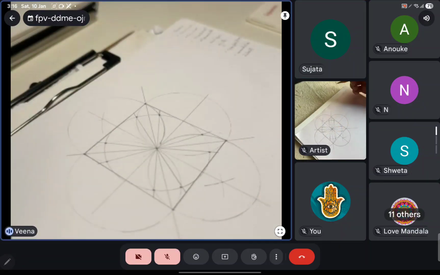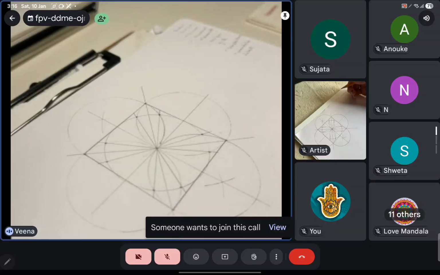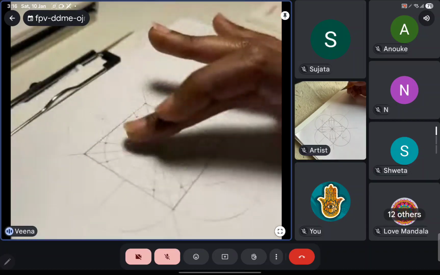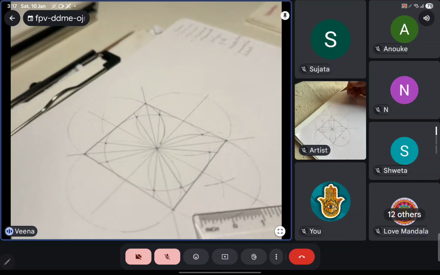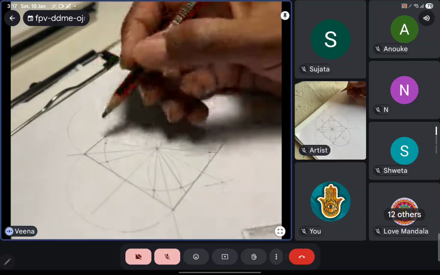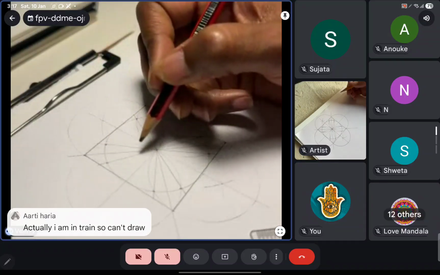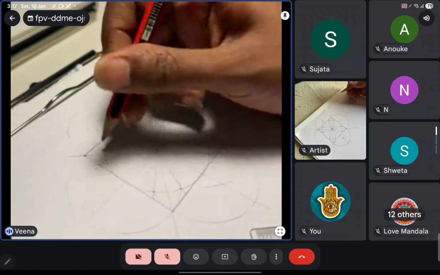Yes. So the last step is nothing but we have the square. We have got what we want, but as I mentioned, the square is just divided into 8 parts, right? So I was just showing how to divide it further into 12 parts. We're just marking these circles where they intersect with the first circle that we drew.